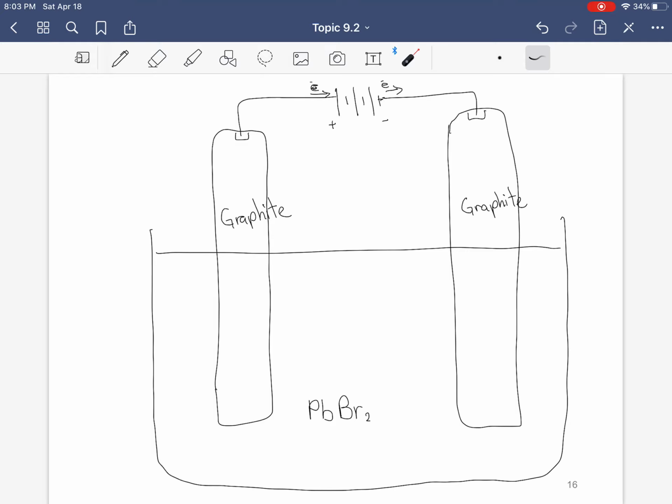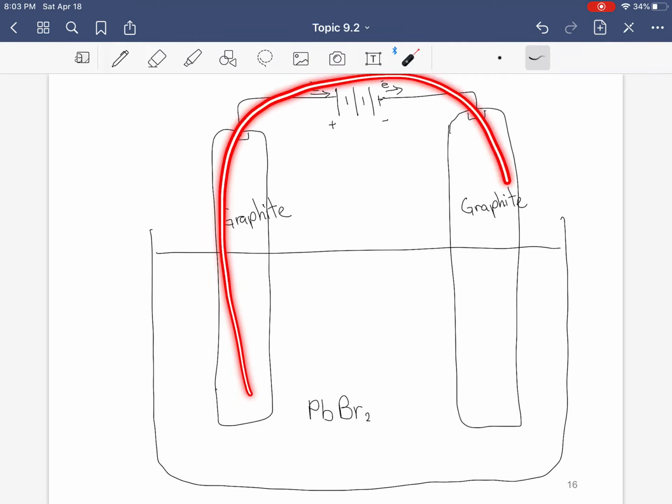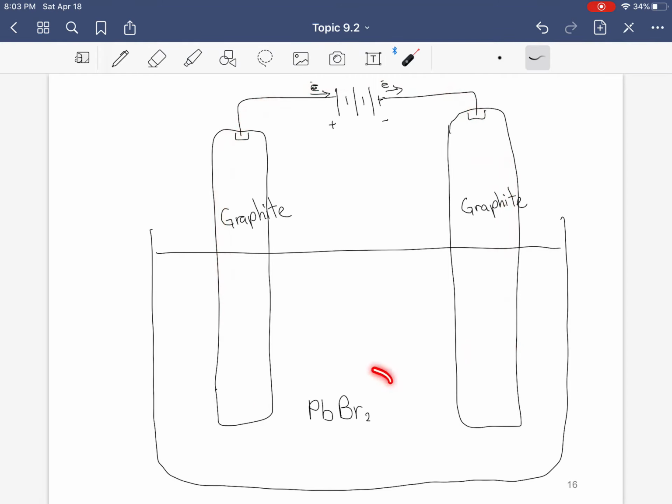So, this is what's going to occur. Since the battery is in place, an electron is being flowed from one end to the other. This is where lead bromide will do its work. Dissociation. That's what's going to happen.